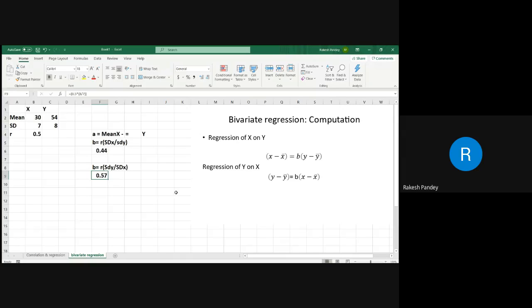Suppose I am asking that if x is equal to, say, 37, then predict the value of y.